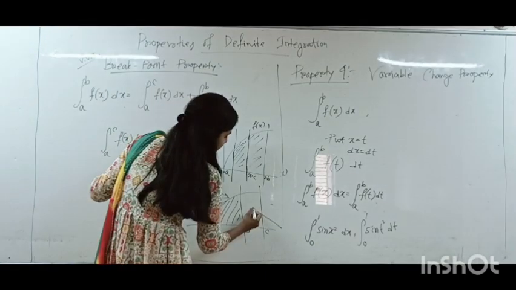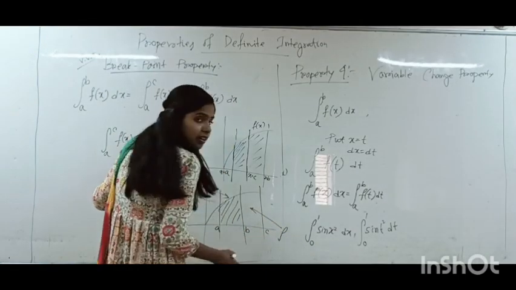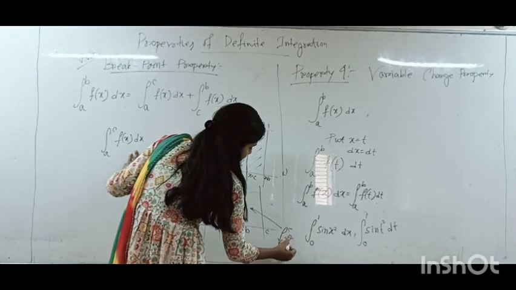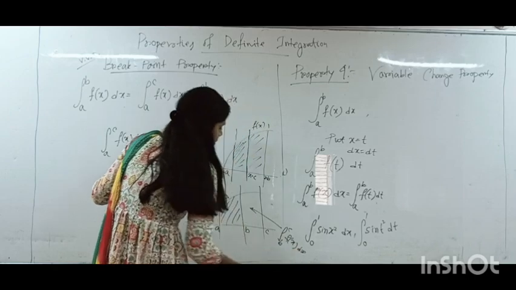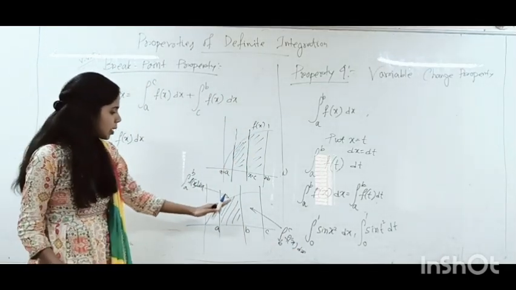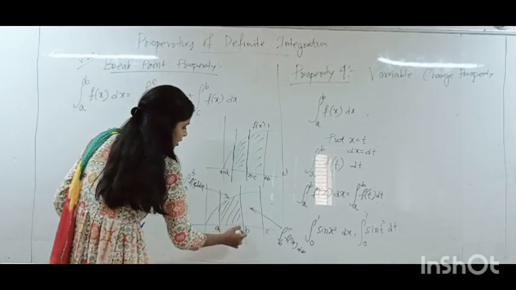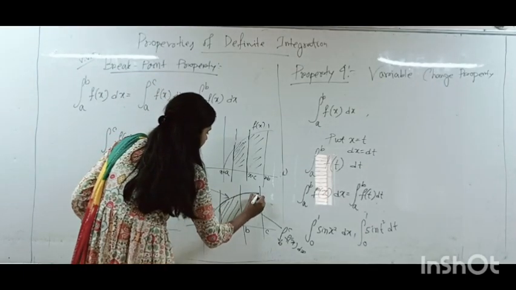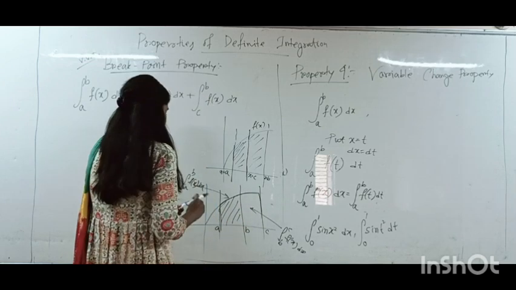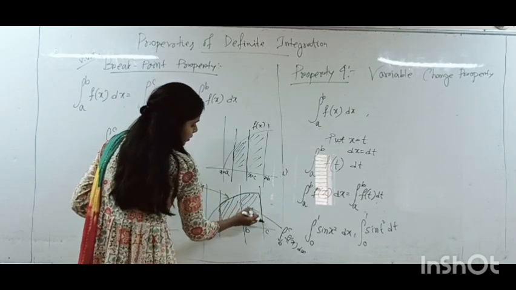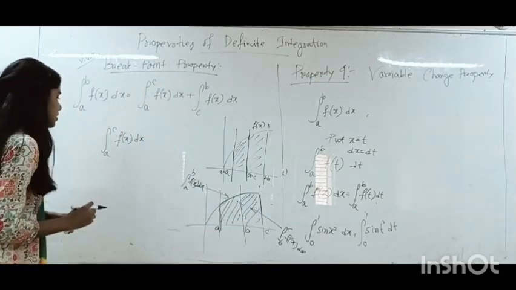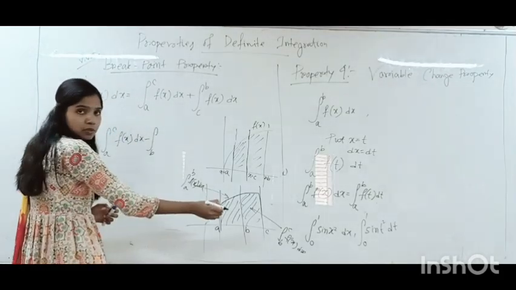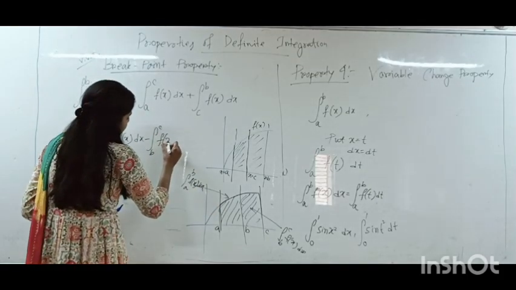This area is integration b to c f(x) dx, so we have minus integration b to c f(x) dx.